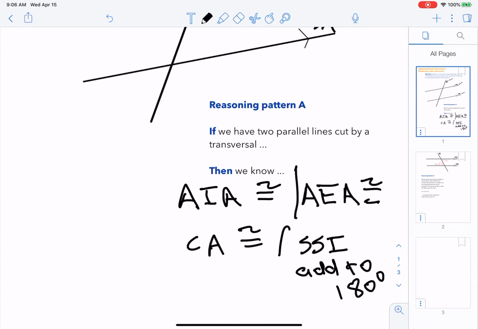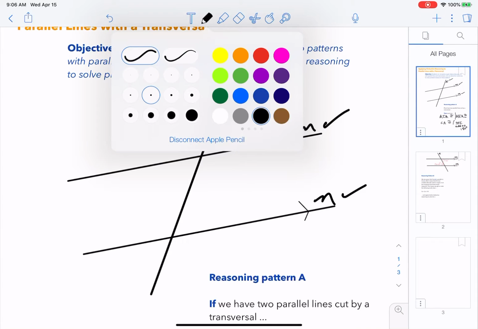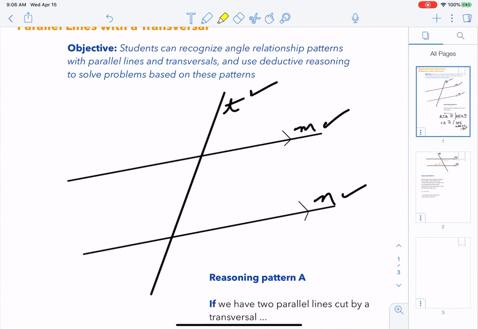Okay, so often students get really hung up on this, but it's just a matter of memorizing patterns and also understanding maybe what interior means. So for instance, I'm going to show you the space right here that's interior to the parallel lines. It's inside the parallel lines.